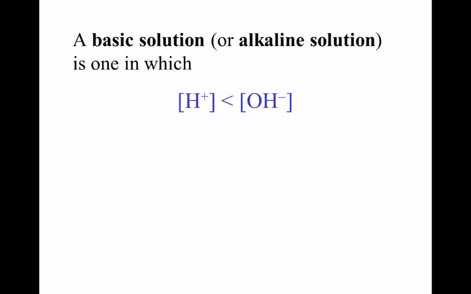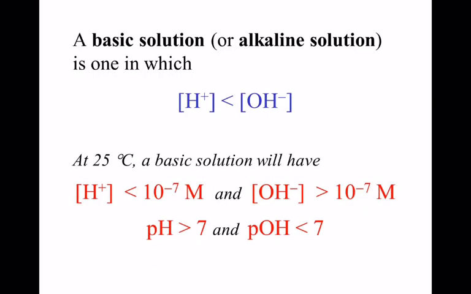I have a similar slide for basic solutions. So your hydroxide ion is greater than your hydrogen ion. For basic solutions, the molar concentration of your hydrogen ion is less than 10 to the negative 7th moles per liter. The molar concentration of a hydroxide ion is greater than 10 to the negative 7th moles per liter.